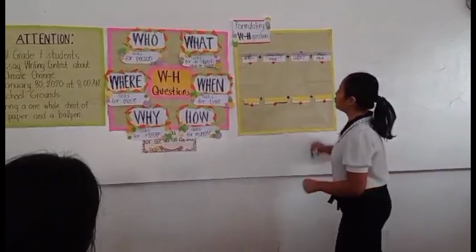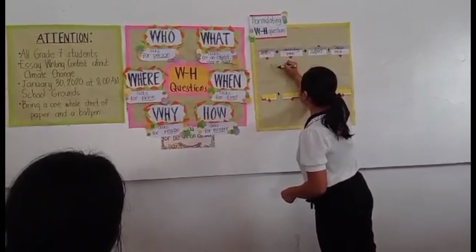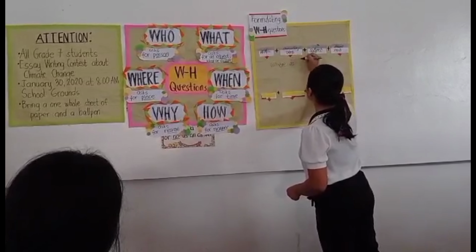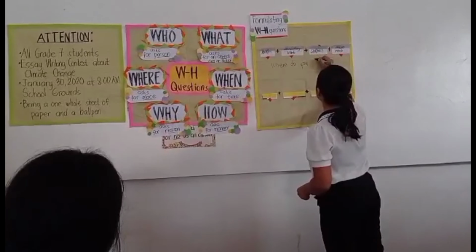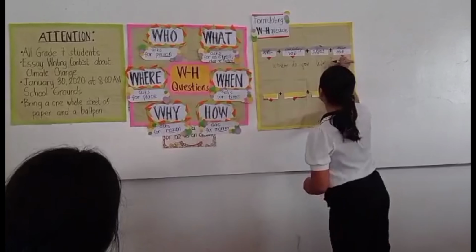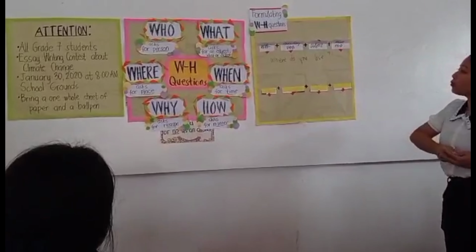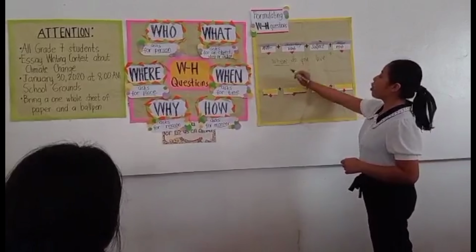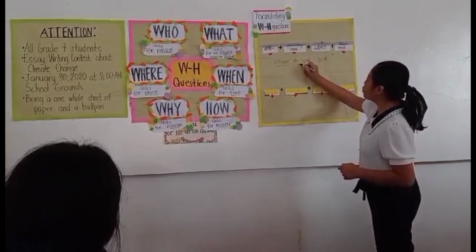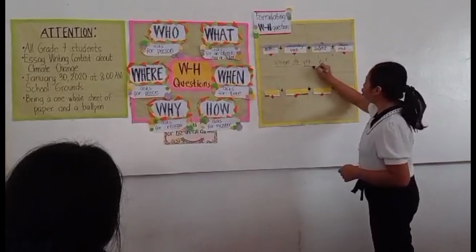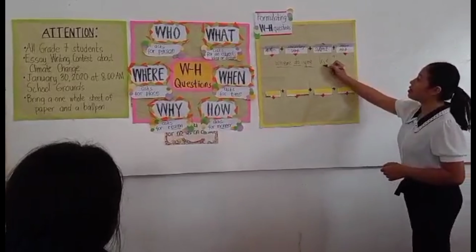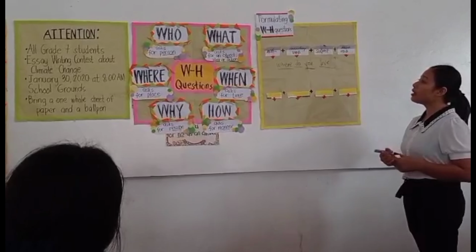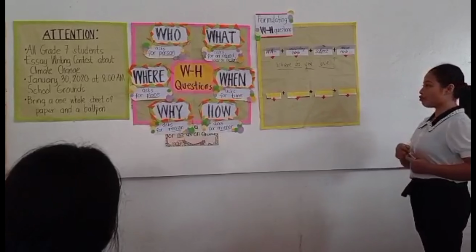Like for example, where do you give. We're using the auxiliary verb do, the subject you, and the main verb here is give. So that's how we formulate WH questions.